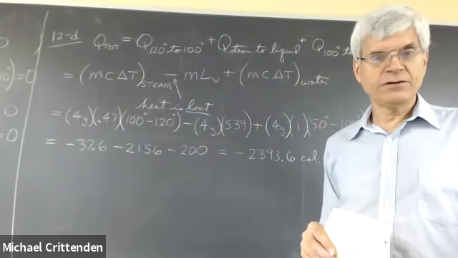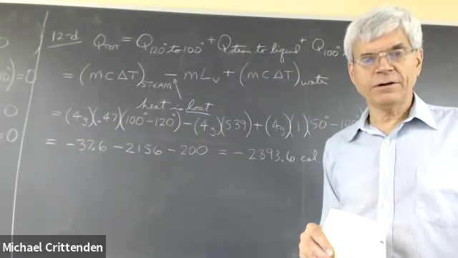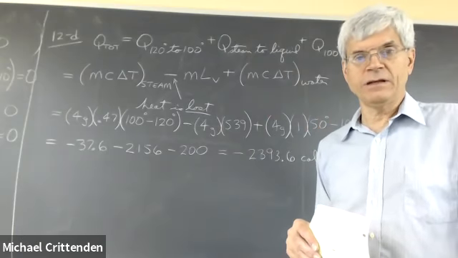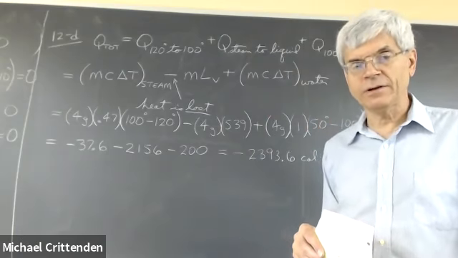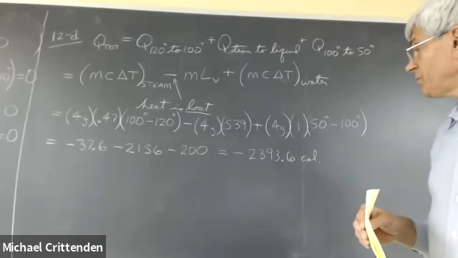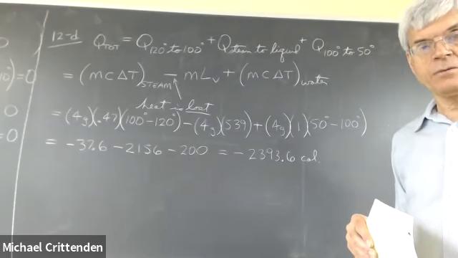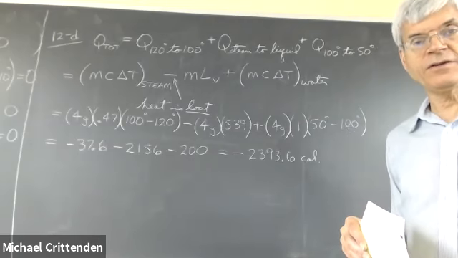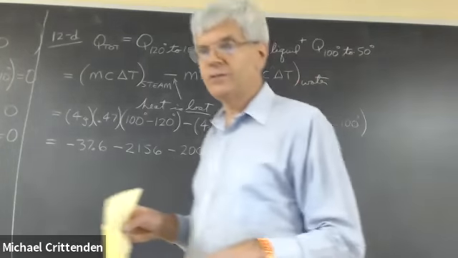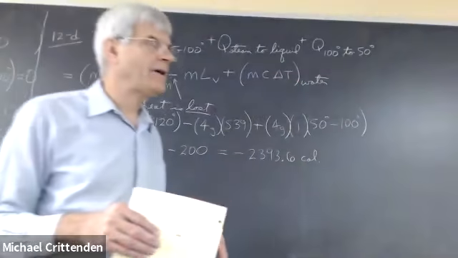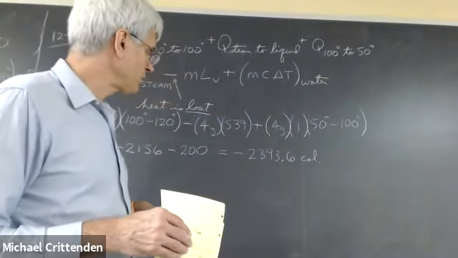There's nothing in the question that says what unit you have to express the answer in. You could give it to me in BTUs if you wanted to, as long as you had the right number of BTUs. But the reason I put it in kilocalories there was just so I could round it off to 3 significant figures, which is our usual standard of accuracy for purposes of this course.